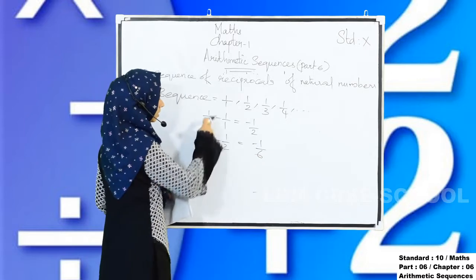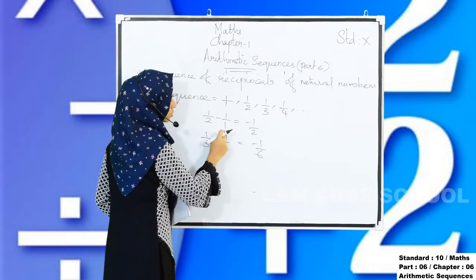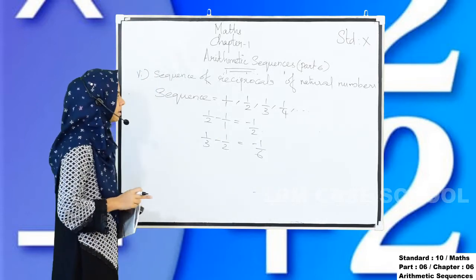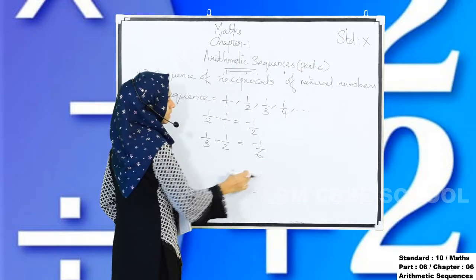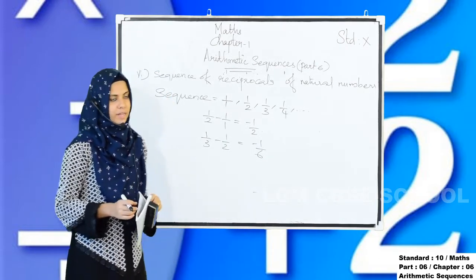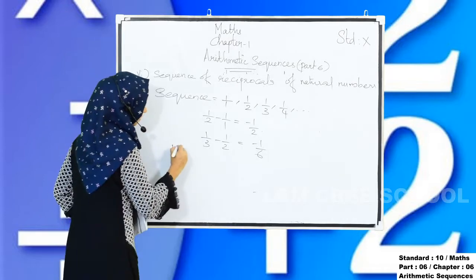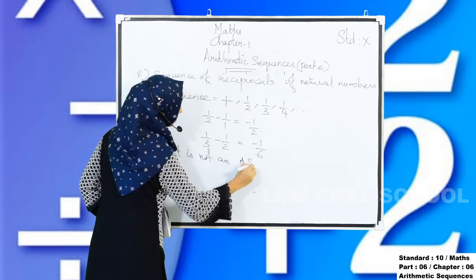How do we find that? Cross multiply: 1 into 2 minus 3 into 1, over 3 into 2. Okay, that is how we found this. So from this we can say that the common difference is different, so it is not an arithmetic sequence.